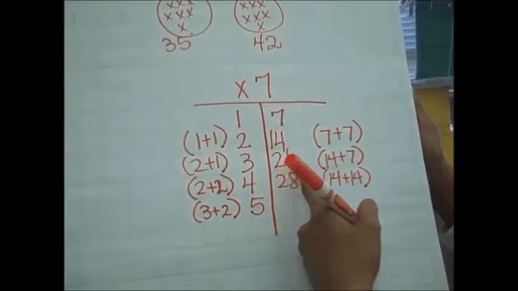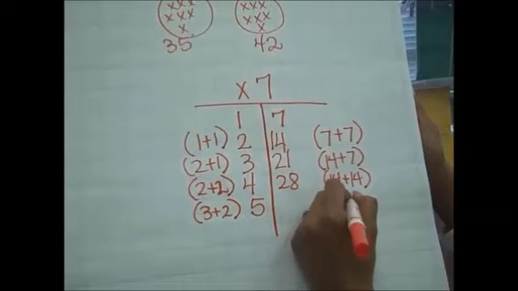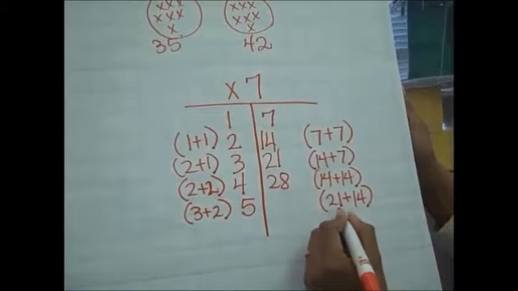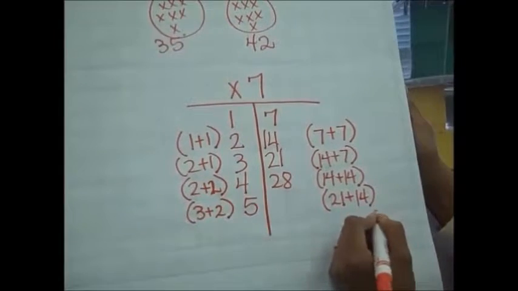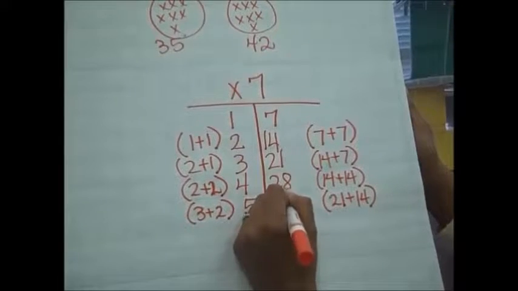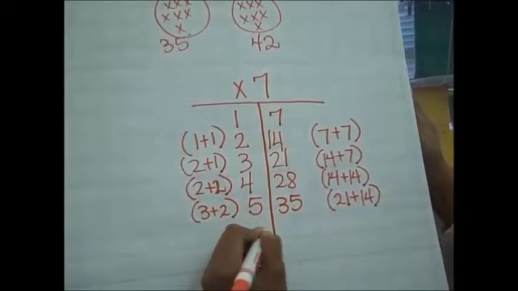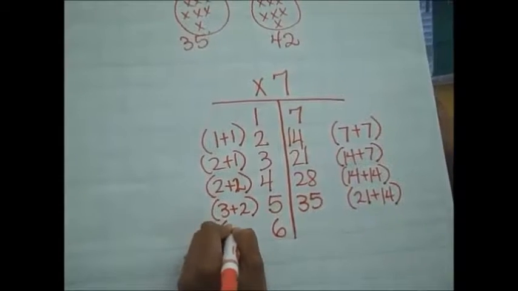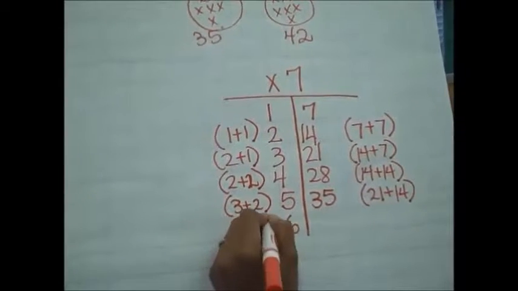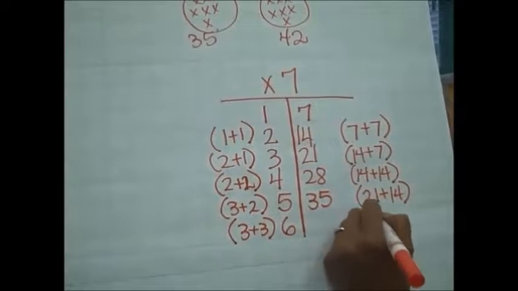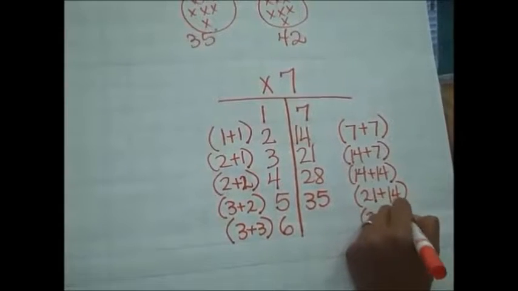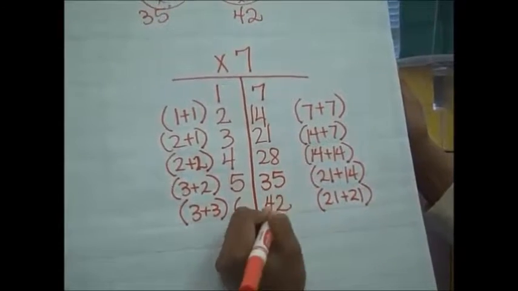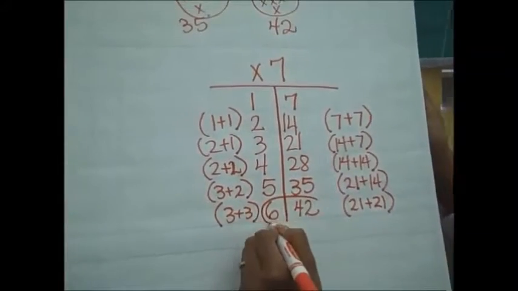I chose 3 because I know in 3 groups there's 21, and in 2 groups there's 14. If I add 21 plus 14, I don't have to regroup. I know that will give me a sum of 35. And for 6 groups, I'm going to simply say 3 plus 3 gives me 6 groups, which means 21 plus 21, another double, will give me 42. So the product is 42.